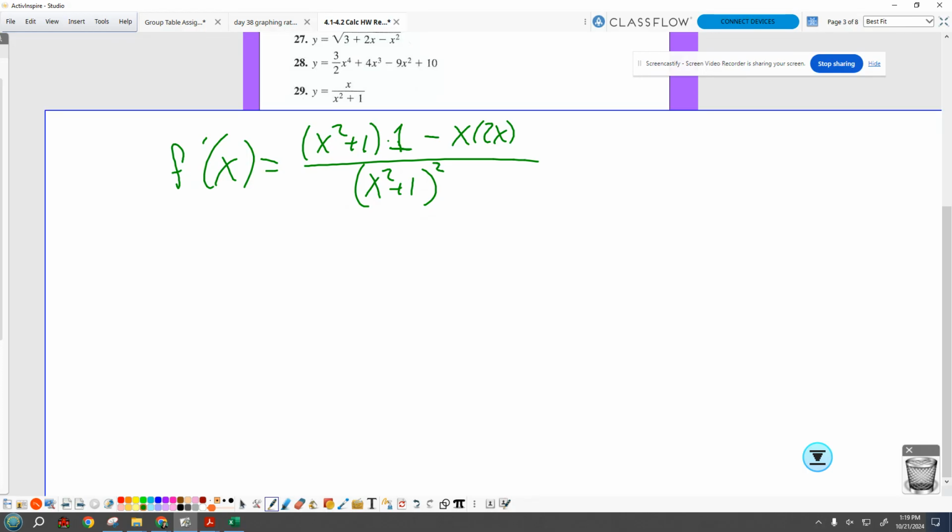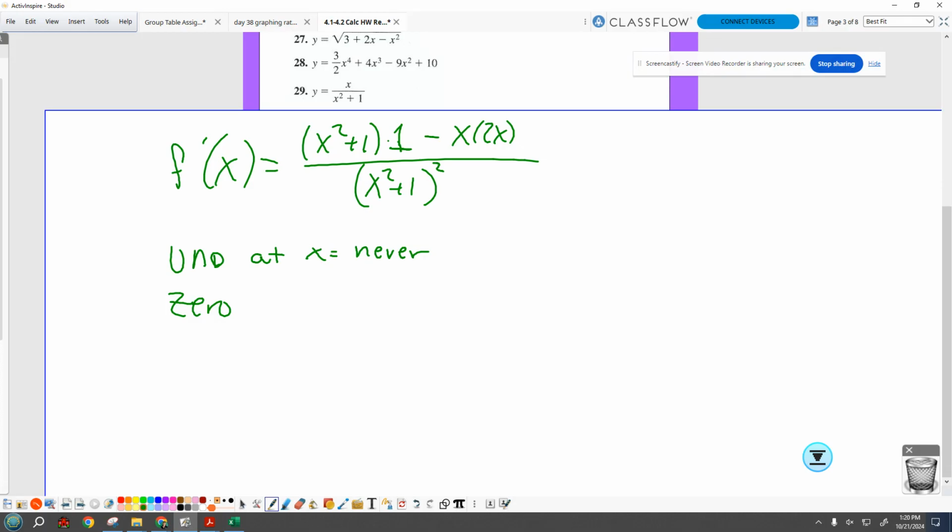Nico, where is this function undefined? So where is the denominator 0? Okay. Where is it 0? Sebastian, how do I find out when that's 0? Well, whenever the top is equal to 0.